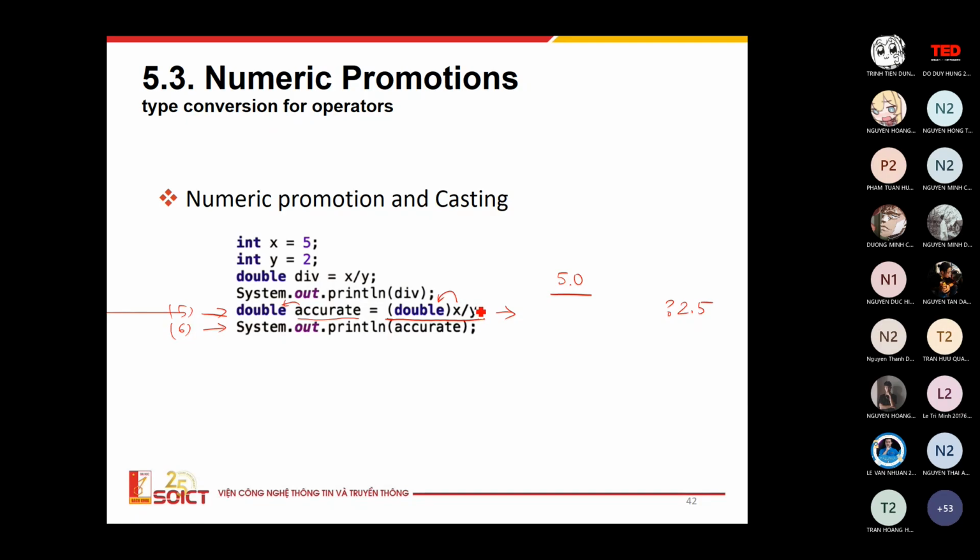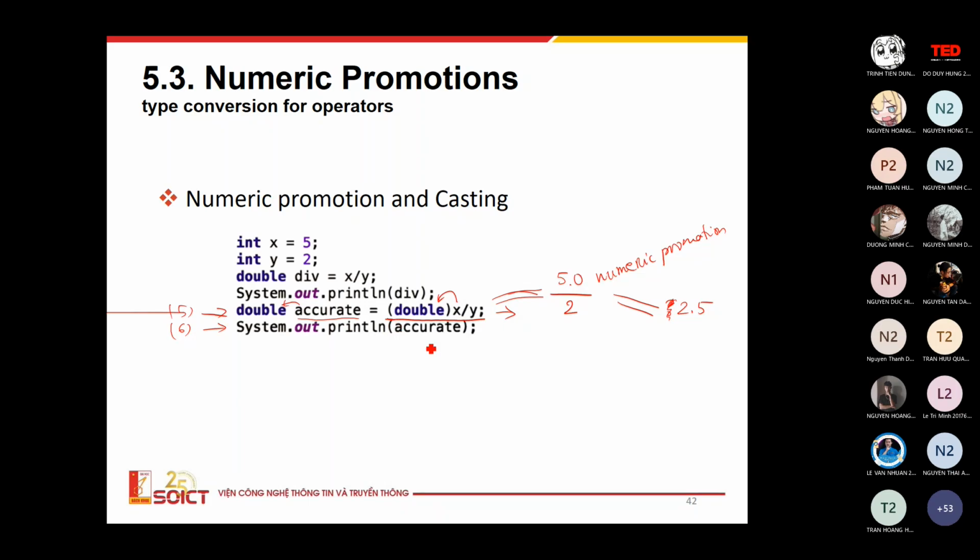And then you get y is 2. So the values will be written out like this. And so you apply the numeric promotion on this division, and you will get the result 2.5. Yes, correct. Thank you.